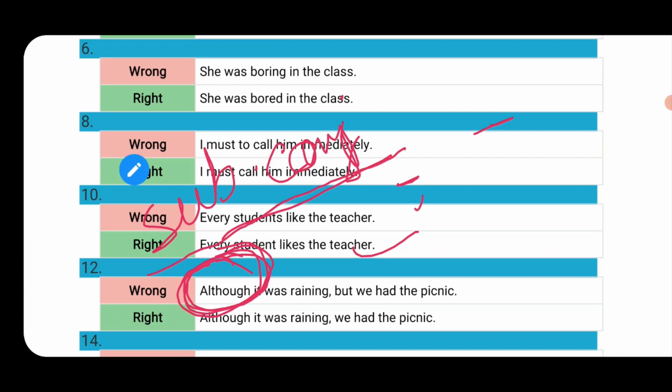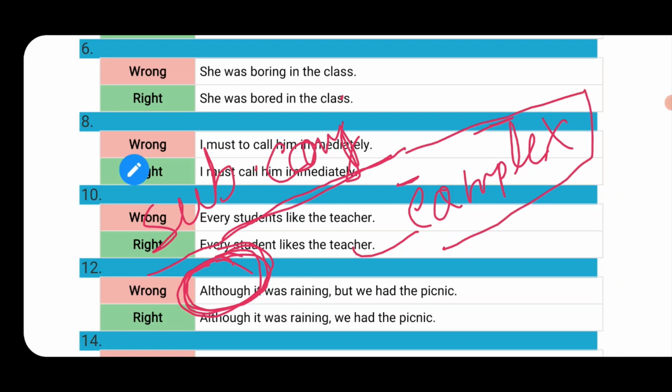So this is a complex sentence because the sentence is beginning with a subordinating conjunction, although. Now we understand that this is a complex sentence. In a complex sentence there is already a subordinating conjunction, so we cannot use any other connector in the sentence.